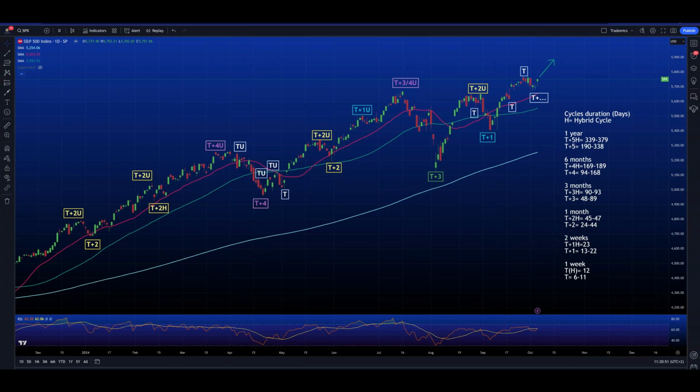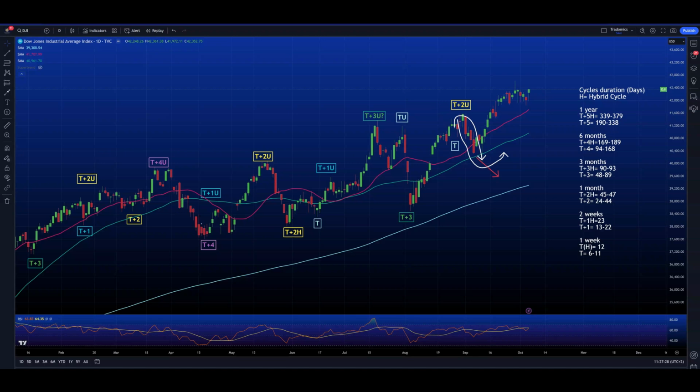So let's move to the next one, which is the Dow Jones. On the Dow Jones 30, what happened is that for this cycle here, -1, rather than having a downtrend for 6 days, thanks to the candle made on the 10th of September, we had a downtrend of 9 days.